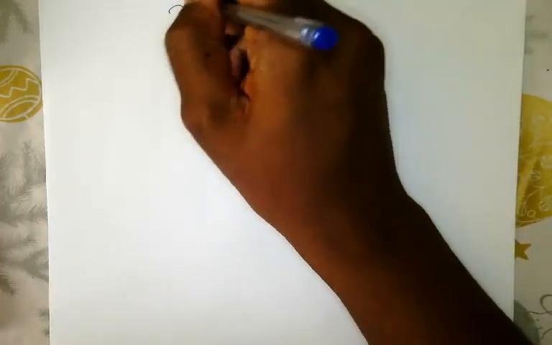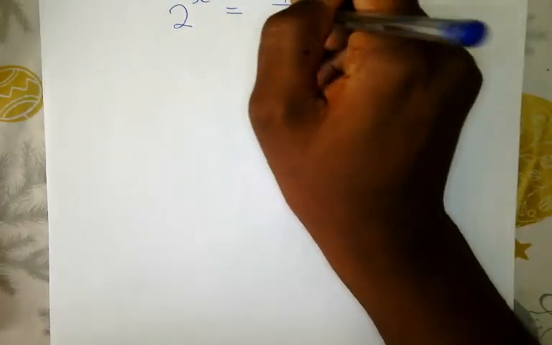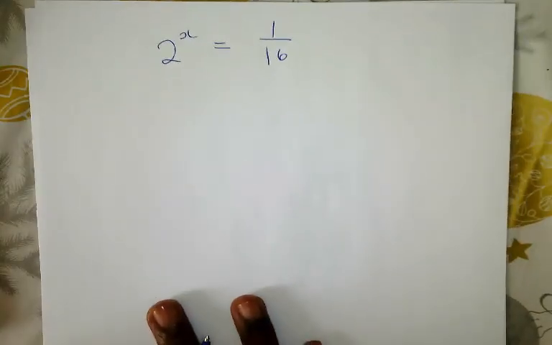Let's do another question. Which question are we doing now? I want to do this one: 2x equals 1 over 16. Let's do that question. And then are we picking any other question after this one?